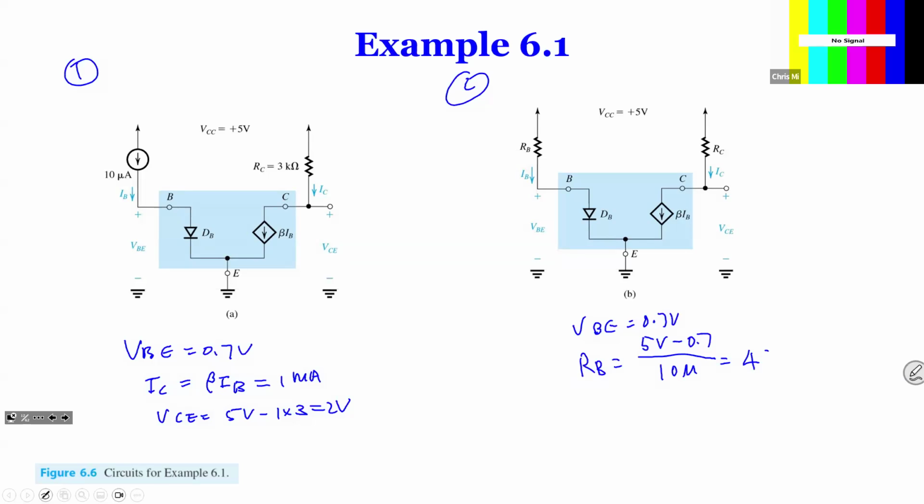So what we got? 430 kilo ohms. As you can see here, the difference is only 1 kilo ohm out of 430. So it's a very, very small number, less than 0.25%, right? So it's not terribly wrong by using an ideal model, or by using VBE as 0.7. So we can do that.